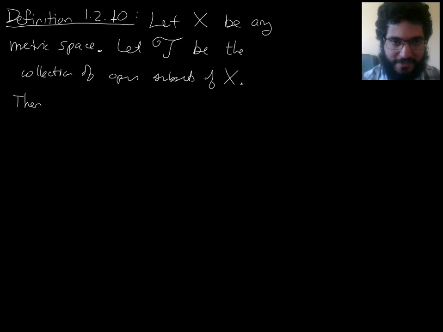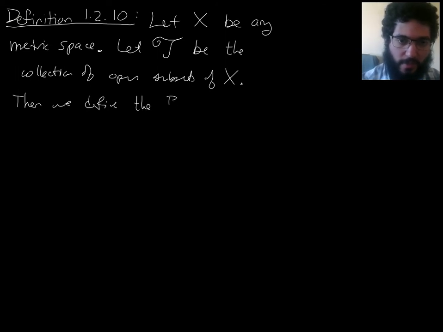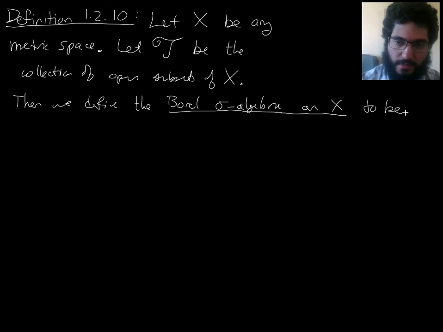So we're still writing this definition. X, any metric space, and this, the collection of open subsets. Then we define the Borel sigma algebra on X. And here's the notation for it.